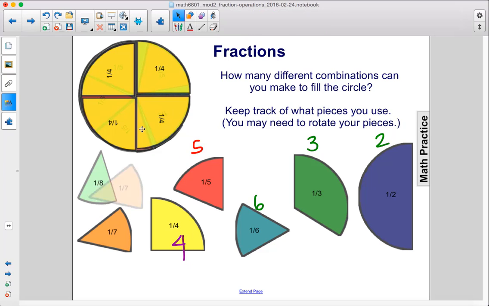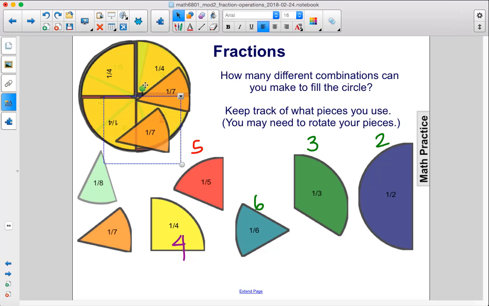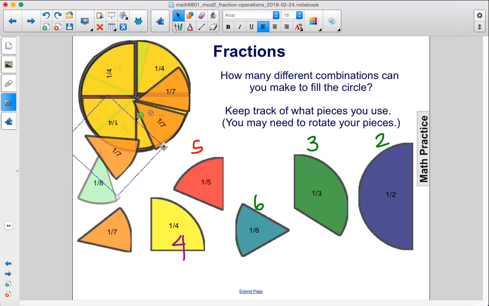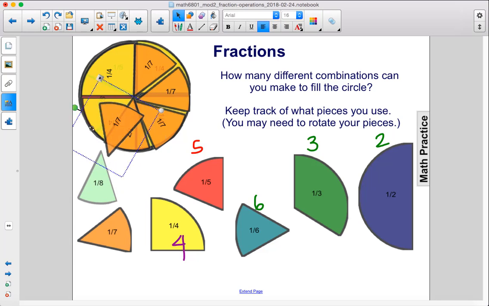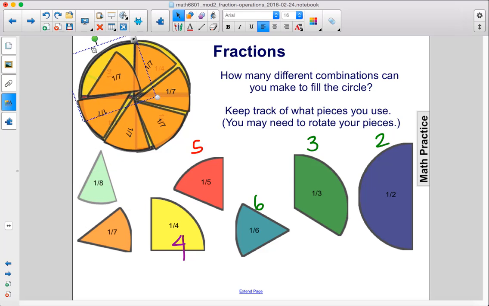All right, we have 1/7 here, so 1, 2, 3, 4, 5, 6, and finally 7.